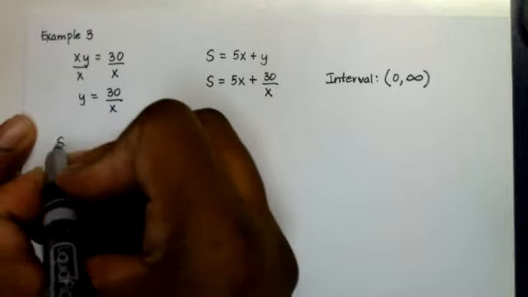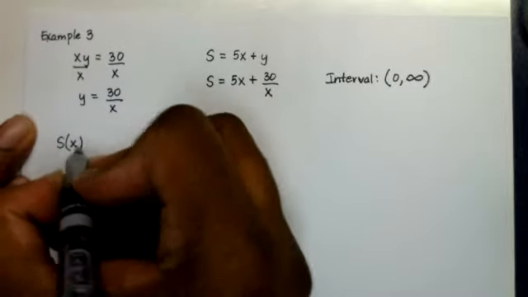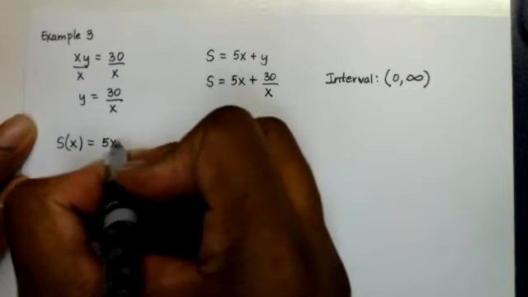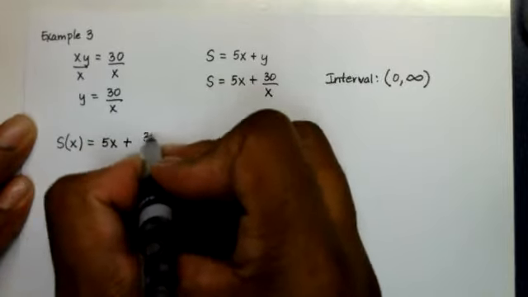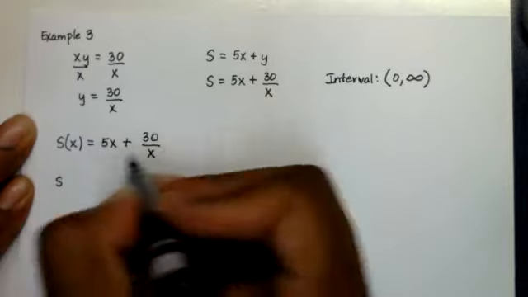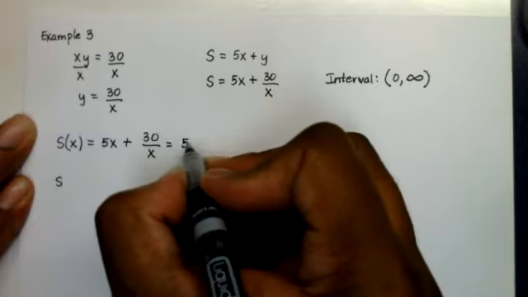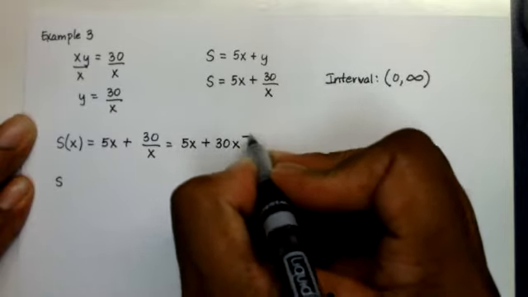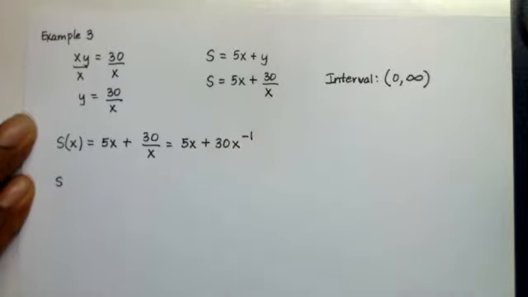So we'll take our objective function and write this as S of x, since it's in terms of x. That's equal to 5x plus 30 over x, and take its derivative. Well, before we do that, let me write this as 5x plus 30 times x to the negative 1, and take the derivative of that.